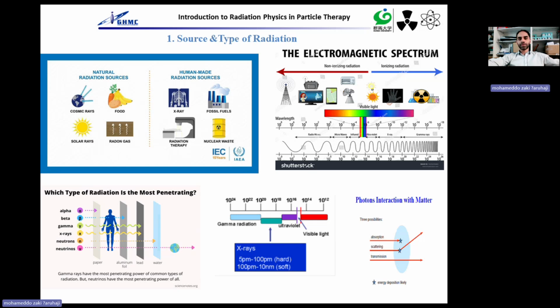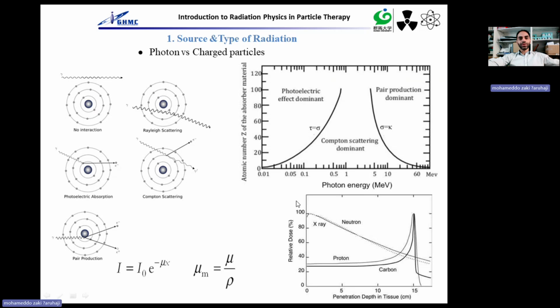And when a photon interacts with matter, it goes through all those types of interactions. They are called the photoelectric effect, the Compton scattering, the regular scattering, and the pair production. Every type of interaction happens at a certain kind of energy.